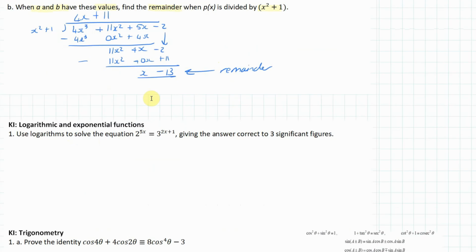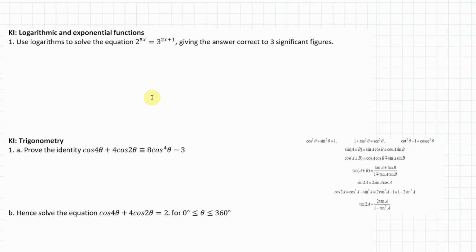Okie dokie, moving on. Now we've got to use logarithms to solve this and give the answer to 3 significant figures. So what I'm going to do first is I'm going to take a log of both sides. Like so. Then I'll use my log rule, so my next line is 5x log 2 equals (2x plus 1) log 3.